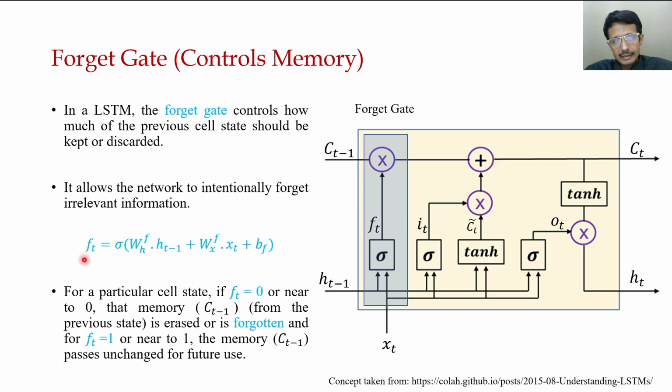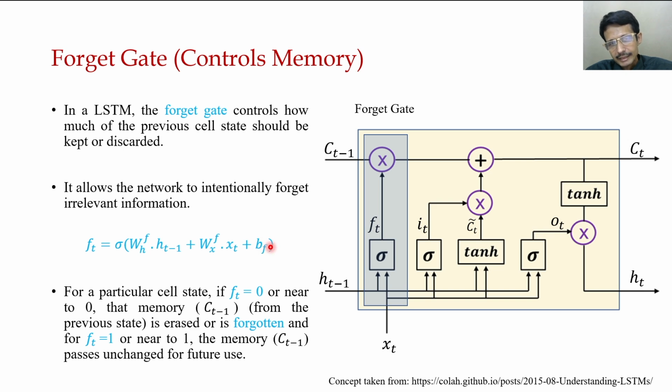Now here is the formulation of this forget gate, ft. There is a weight parameter W_h,f associated with h_{t-1}, the state input from the previous state, and F for forget gate, plus W_x,f, a weight parameter associated with the input x_t at this time instant t, and F for forget, and b_f.